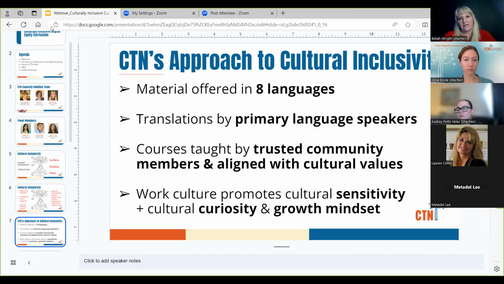We work with navigators and our instructors, of course, who are trusted community members and who can therefore align instructive techniques with the beliefs and the value systems of those communities.